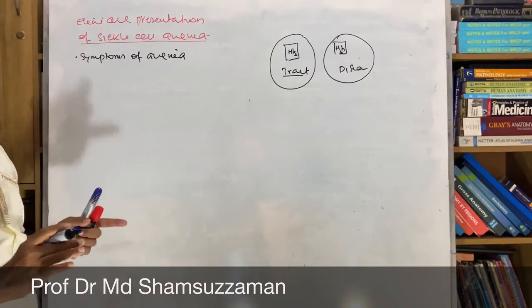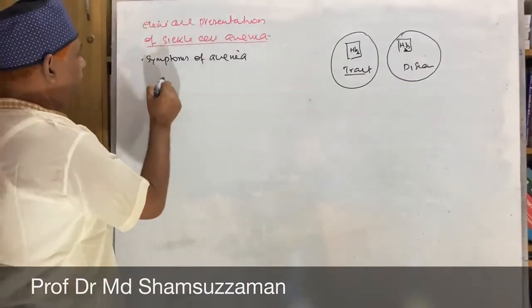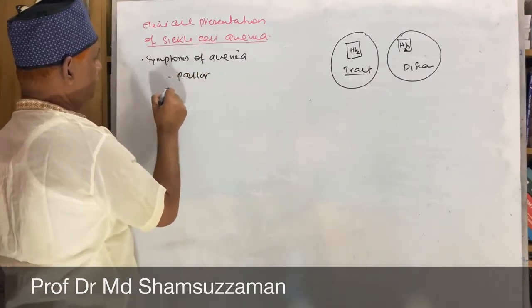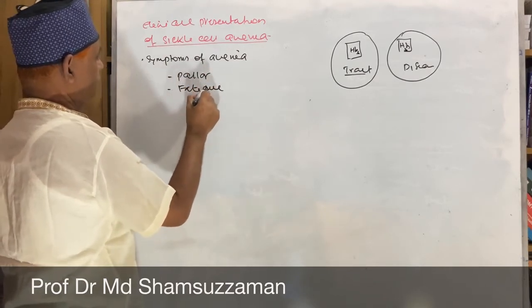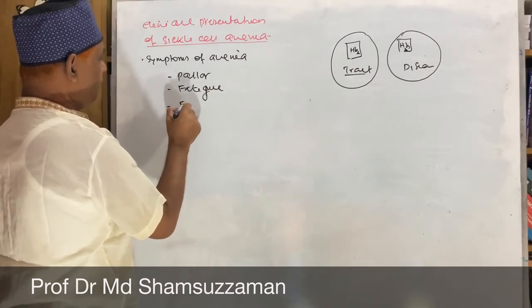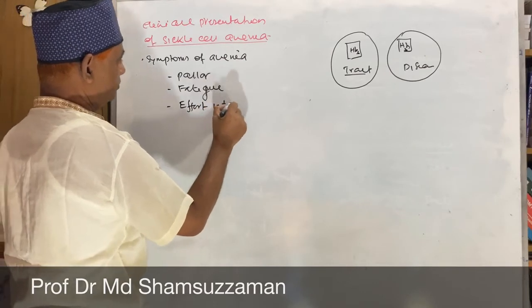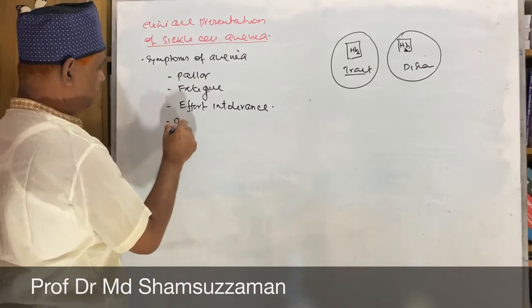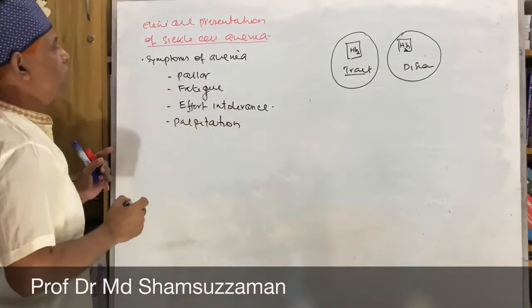Whatever the type or cause of anemia, there are some symptoms: pallor, fatigue, effort intolerance, palpitation. These are the common symptoms of anemia.